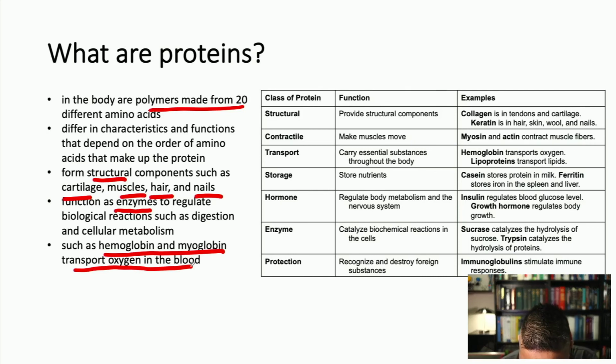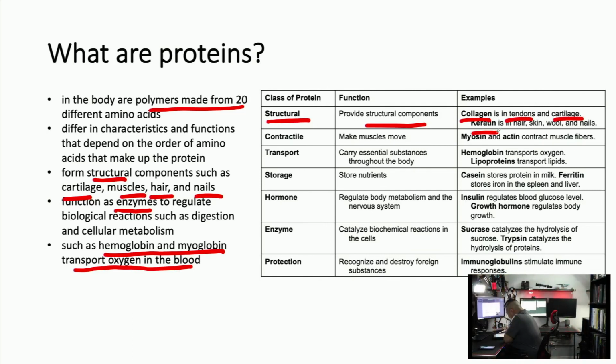There are classes of proteins, right? There are structural proteins, which is obvious. They provide structural components like collagen, which is in tendons and cartilage, like in your nose. And then there's keratin, which is hair, and it's in your nails. There are also contractile proteins. They make your muscles move, like myosin and actin.